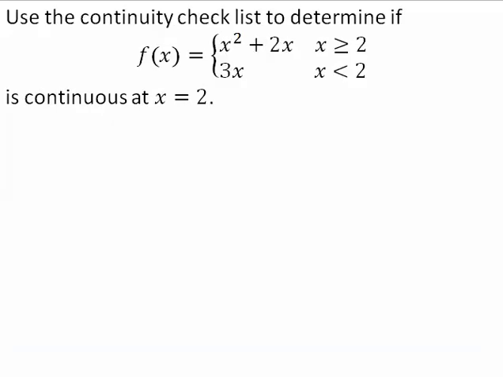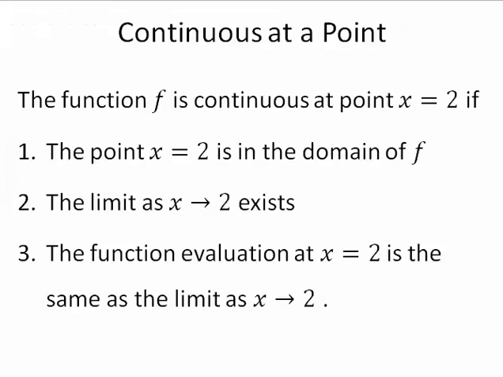Let's use the continuity checklist to determine if this piecewise function is continuous at 2. Okay, we have to check three things. Is the point 2 in the domain? Does the limit exist? And is the limit the same as the evaluation? So we'll start with the first one.